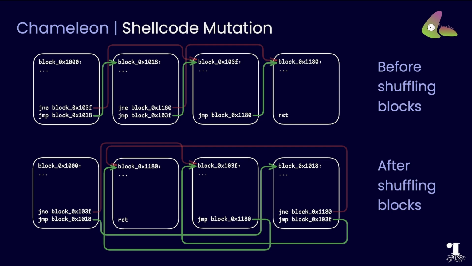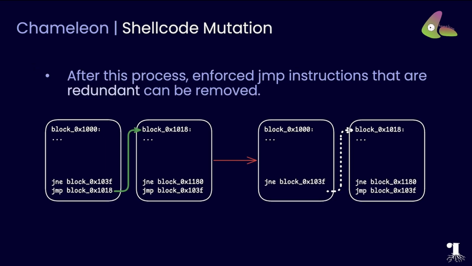This allows us to shuffle all the basic blocks except the first one, so the control flow is not going to break. Of course, after shuffling all the blocks, we can check if there are still some blocks that are continuous, so we can erase redundant jump instructions that would just jump to the next instruction. This way we can avoid weird jumps.